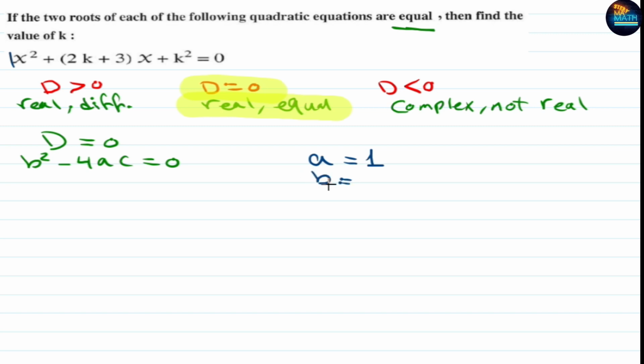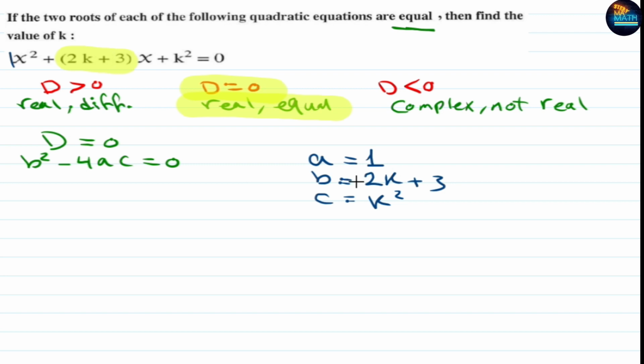And b is the coefficient of x. Here is the coefficient of x, 2k plus 3 in front of x. So b is equal to 2k plus 3. What about c? c is equal to k squared. Now let's substitute these in the equation where the discriminant is equal to 0.